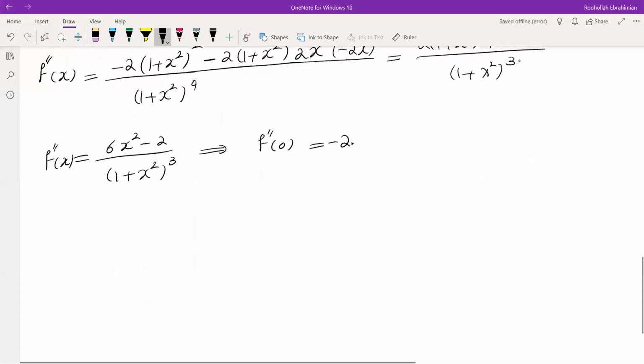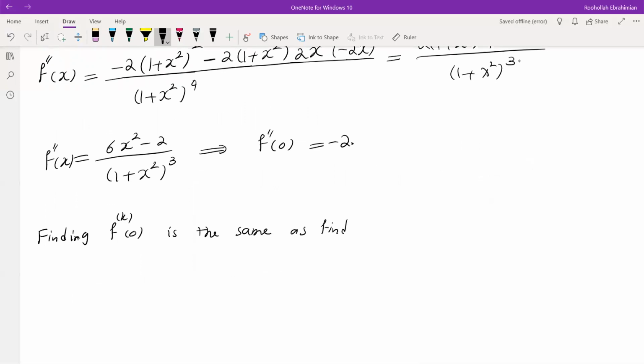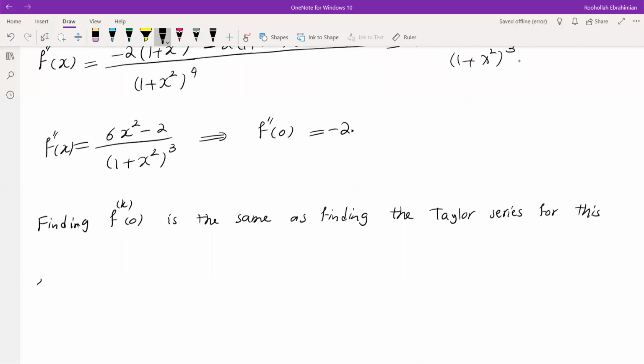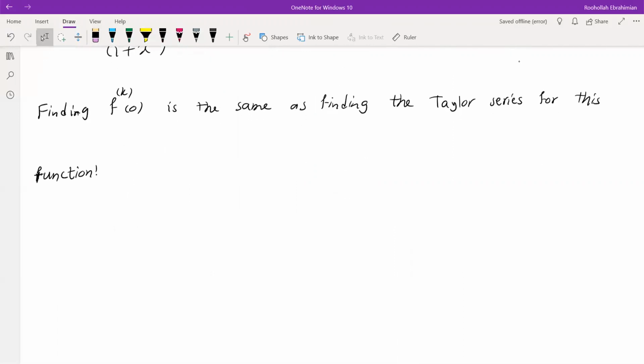So finding f^(k)(0) is the same as finding the Taylor series for this function. So that's what I'm really looking for. I'm looking for a Taylor series for this function.